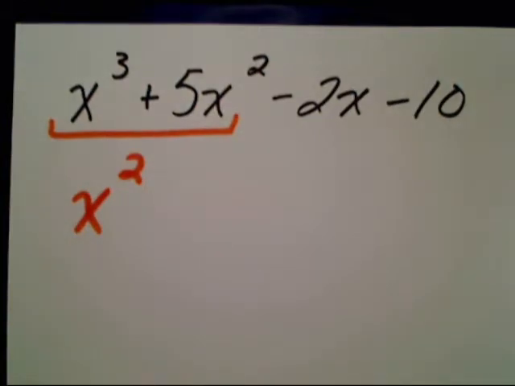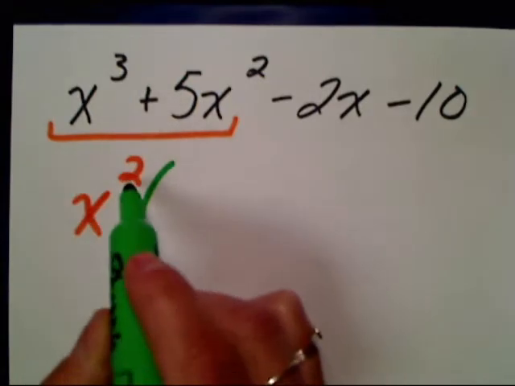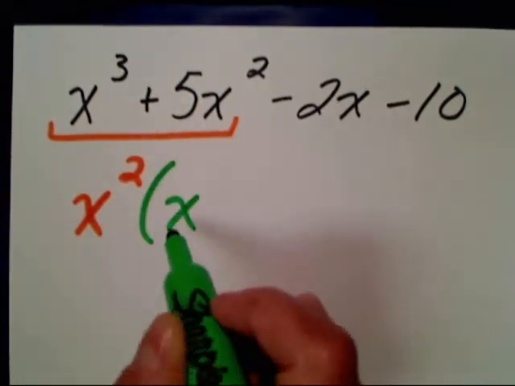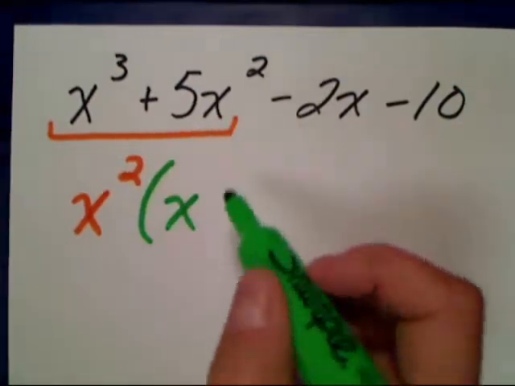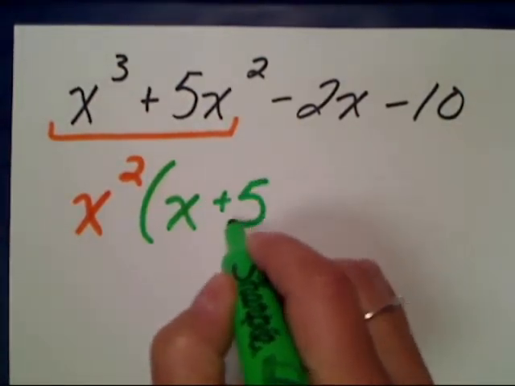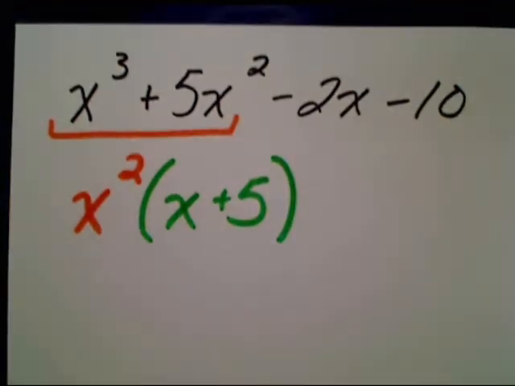What am I left with when I pull out an x squared? Well, I had 3 x's, I pull out 2, so I'm left with 1. Had the 2 x's, I pulled them both out, so I'm just left with the plus 5. If there was no number in front of there, I'd be left with a plus 1. You always have to have something there as a placeholder.